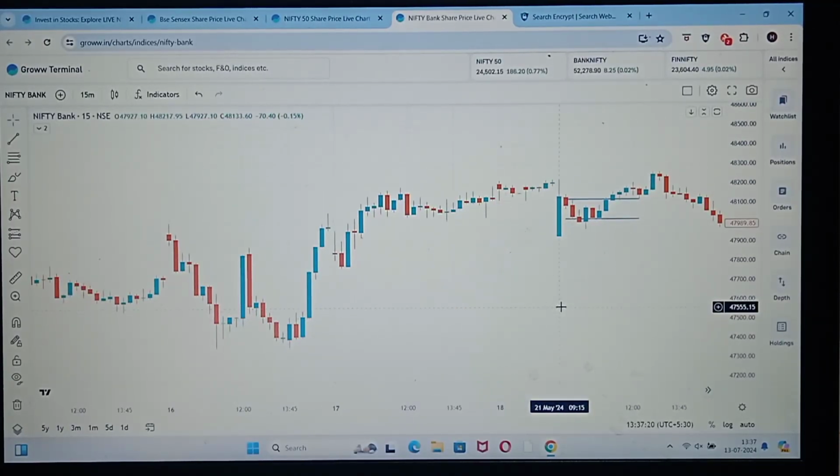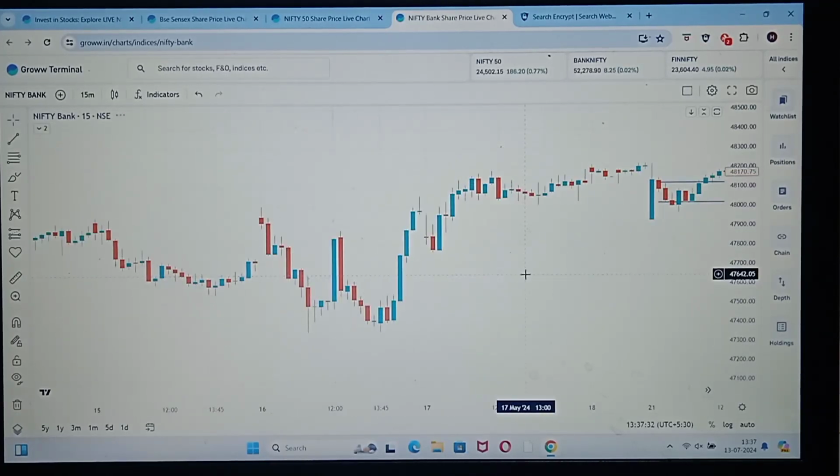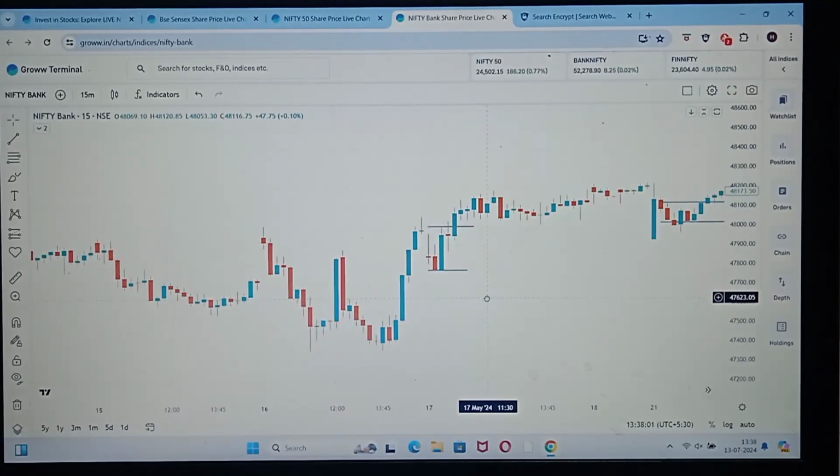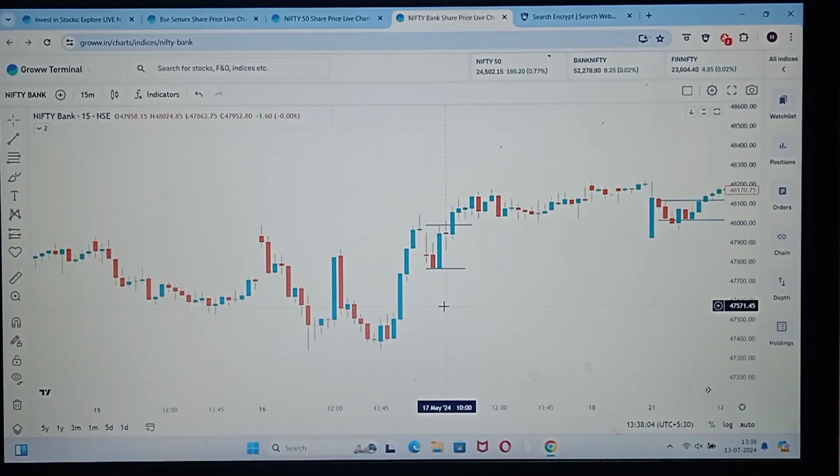Again, 18th of May we will see, 17th of May we will see. 17th of May, this big green candle is the 9:45 candle. So we'll be marking the high and low. See, I am making you backtest all these strategies so that you will be 100% assured that yes, we can make money using these strategies, and whatever strategy is fitting your mindset, go for it.